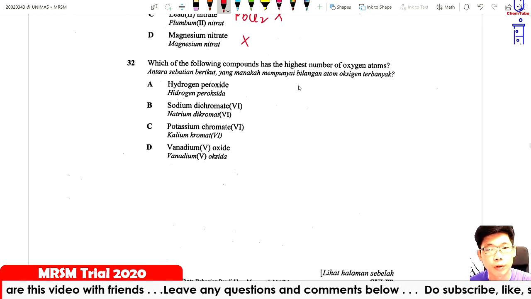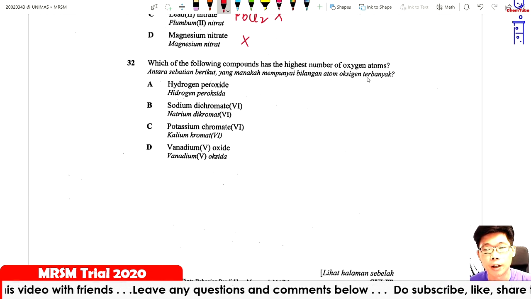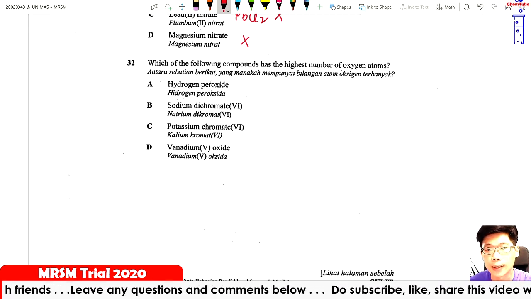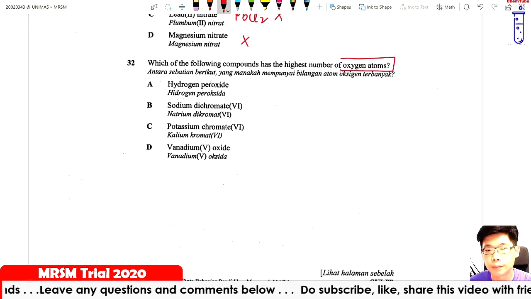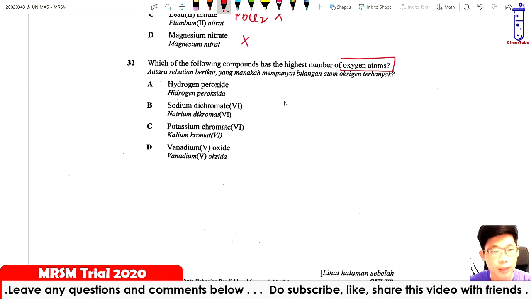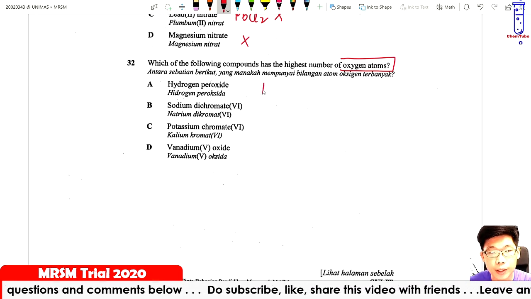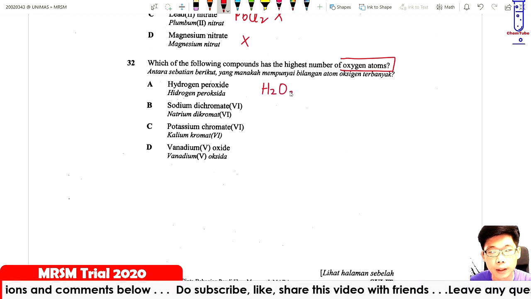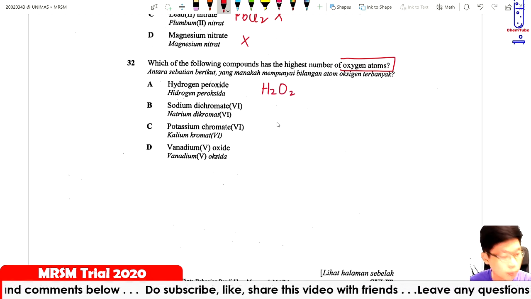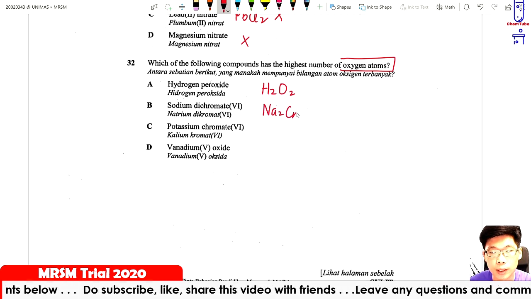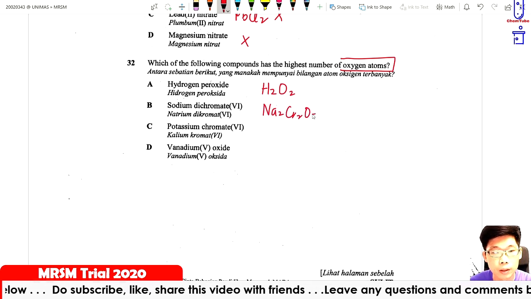32. Which of the following compounds has the highest number of oxygen atoms? So we see one by one. Hydrogen peroxide, we write out the formula. Sodium dichromate will be Na2Cr2O7.